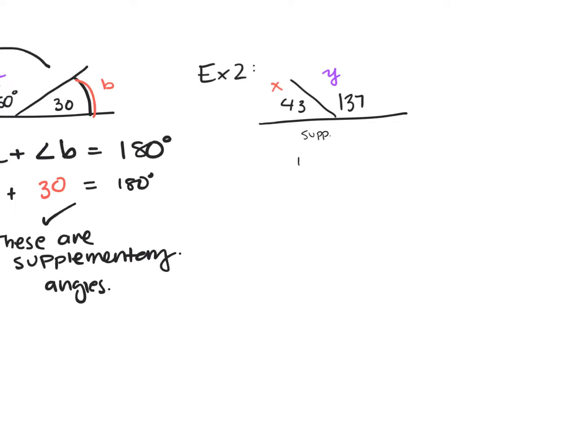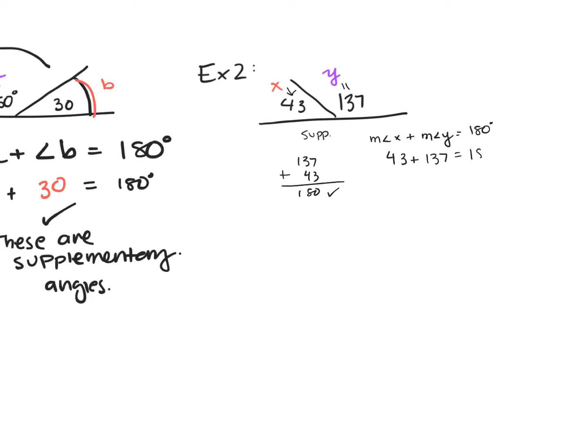So 137 plus 43, right? 180. Check. Okay, so you're going to do measure angle X plus measure angle, my bad, angle Y. It should equal 180. If it does, they're supplementary. So what was the measure of angle X? It equals 43 plus, what is the measure of angle Y?